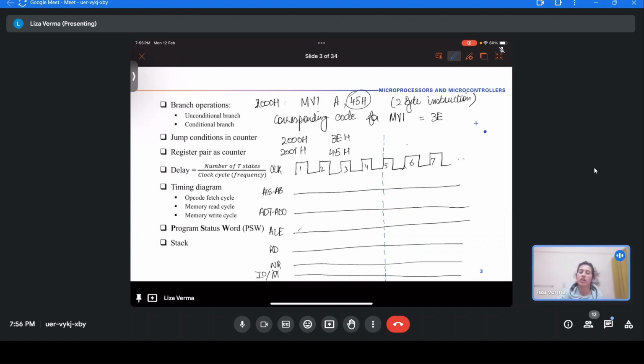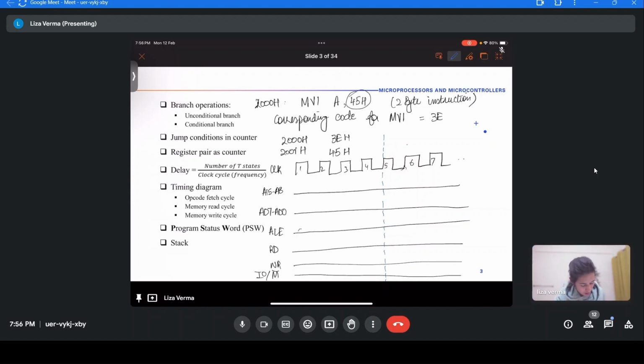A15 to A8 is used for the higher order memory address only. So during the whole instruction cycle, A15 to A8 will contain the higher order address. They will not be disturbed once the address is loaded. Okay, is it clear?